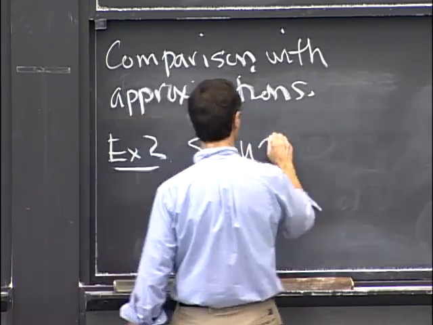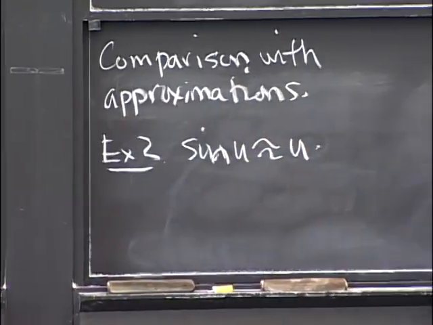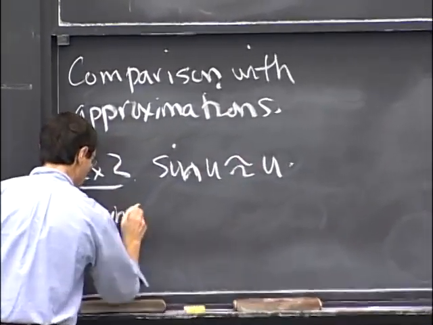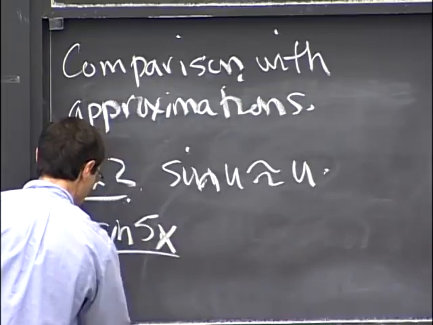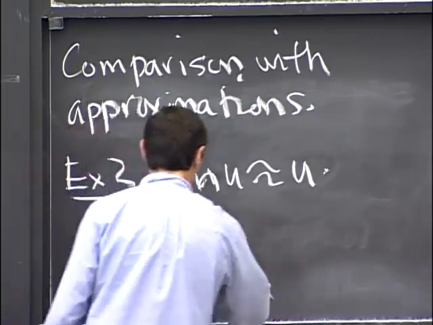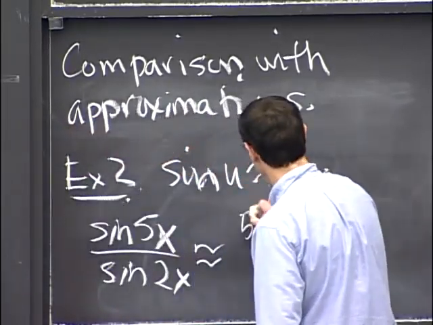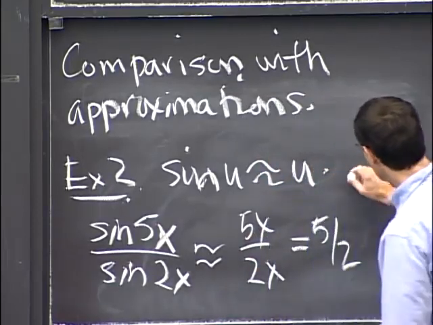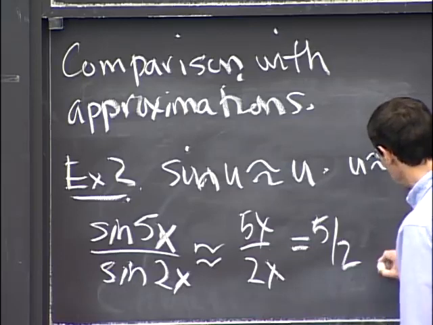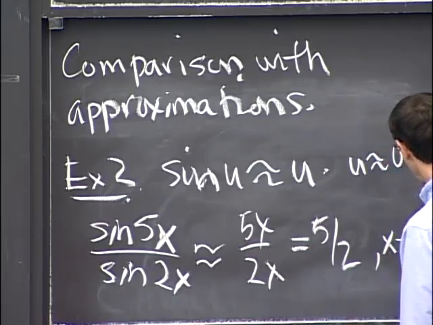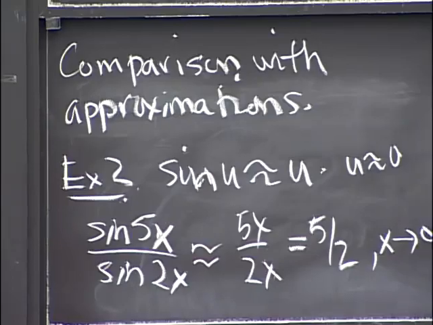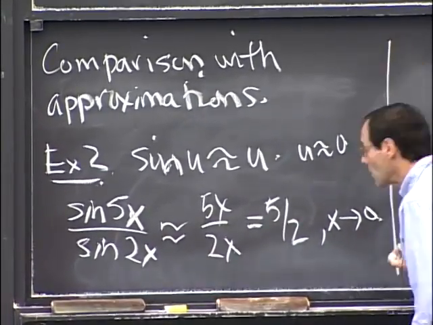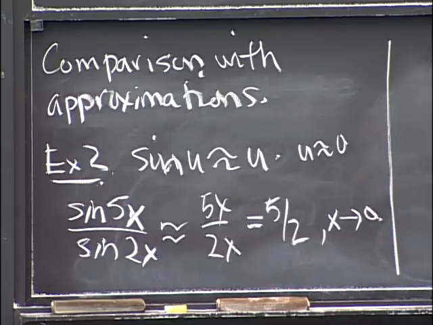We would use sine u as approximately u. We would use that linear approximation. And then what we would have here is that sine of 5x divided by sine of 2x is approximately 5x divided by 2x, which is, of course, 5/2. And this is true when u is approximately 0, and this is true certainly as x goes to 0. It's going to be a valid limit. So that's very similar to example 2.